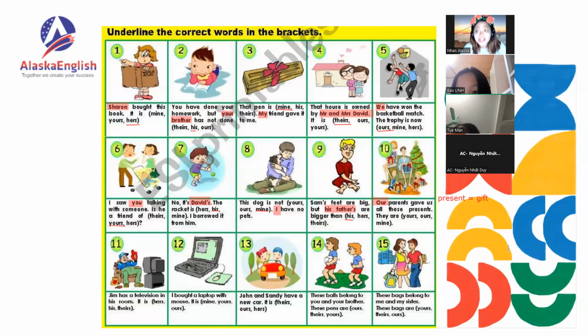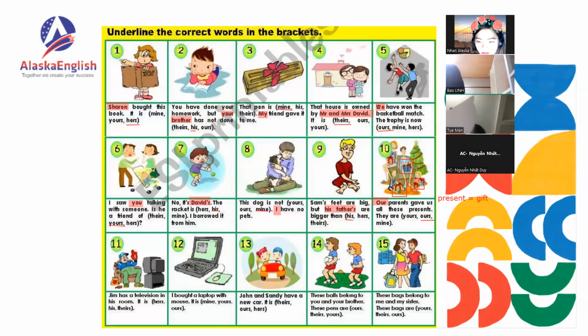But when you say present, like a teacher presenting a lesson, it's like to show something. But in here, present is also called a gift. So our parents gave us presents. Then continue. They are ours. Very good. Number 11.